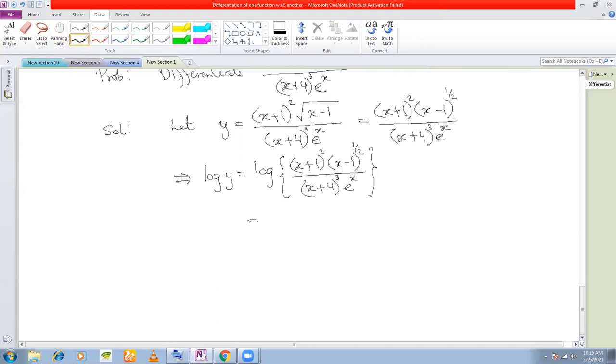I use the laws of logarithms. Minus. So then further we can break, log x plus, I'm doing step by step.